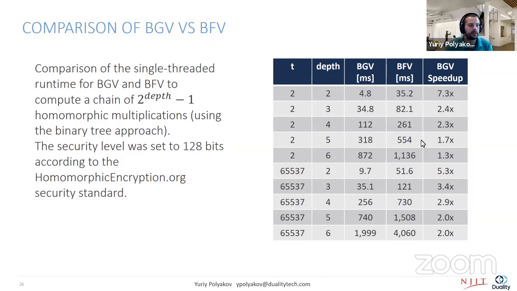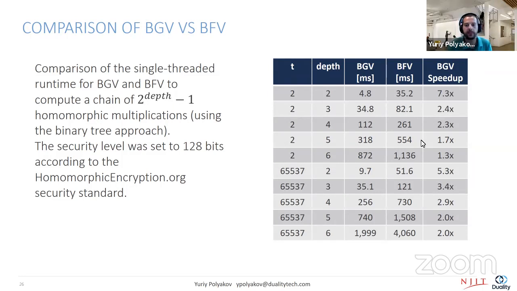So it's like a binary tree multiplication in this case. This is a very special computation that was chosen to highlight the advantages of BGV, but maybe to give some thought: the fact that homomorphic multiplication is expensive in BFV makes BGV a better option from the efficiency perspective when a lot of homomorphic multiplications are involved.